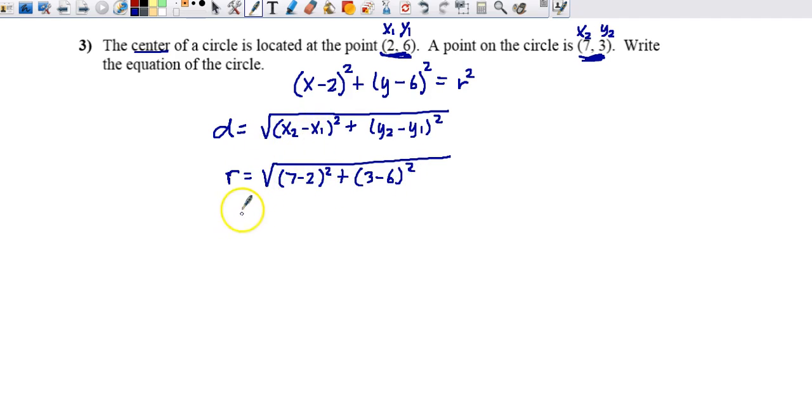You may use your calculator or you can just work it out by hand. When I plug that in, it's going to be 5 squared plus, and that's negative. So anytime I square a negative, I use parentheses, negative 3 squared. And that's going to give you 25 plus 9. Remember, a negative squared is a positive.